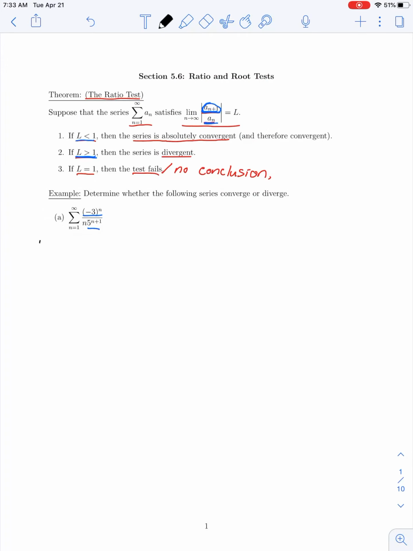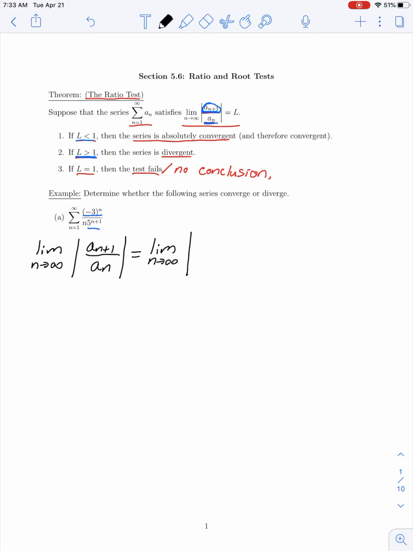To apply it, we're supposed to look at the limiting value as n approaches infinity of the absolute value of a sub n plus 1 over a sub n. So in this example, we have the limit as n approaches infinity of the absolute value of, our numerator is a sub n plus 1.